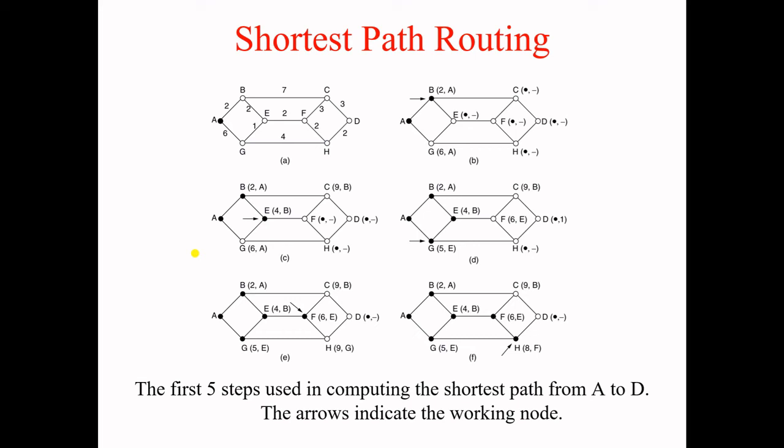In this case source is A, so we can answer what will be the shortest distance from A to B, from A to C, from A to G, A to E, A to F, A to H, and A to D. Okay, so this is the shortest path algorithm, and this is very important.